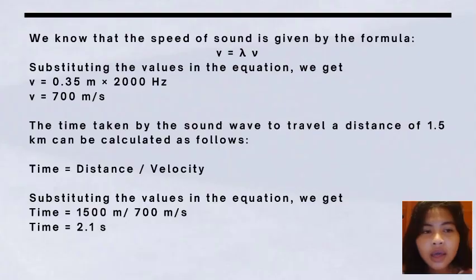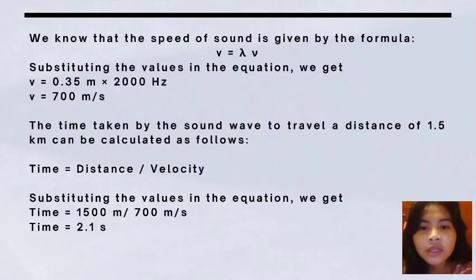Since the given is 2 kilohertz, we multiply it by 1000 hertz. So 2 times 1000 hertz gives the quantity you've just seen on your screen, which is 2000.